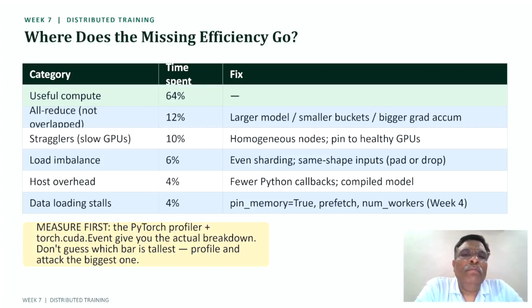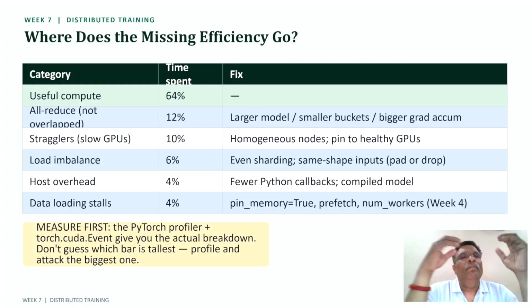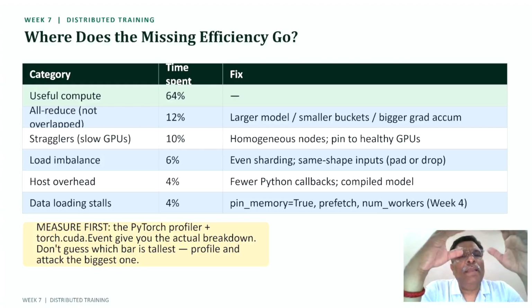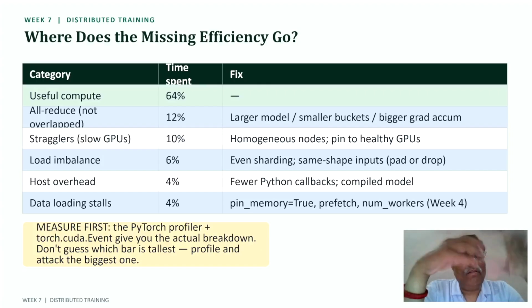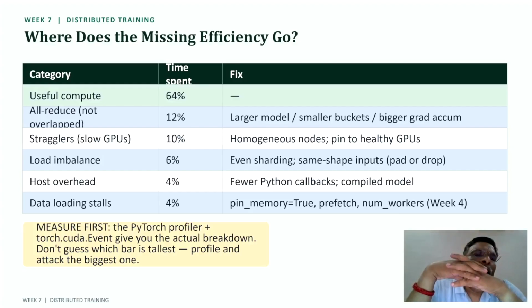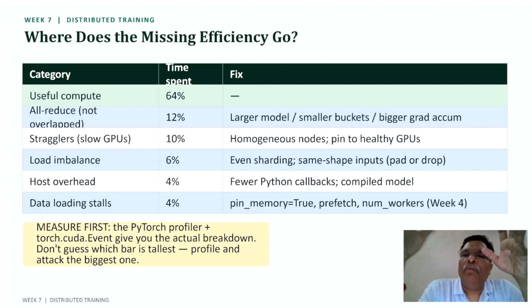Where does the missing efficiency go? That means if we have the useful compute, the time spent on the compute part is 64%. Then all-reduce, when you're talking of larger models, smaller buckets, bigger gradient accumulation, takes 12%.